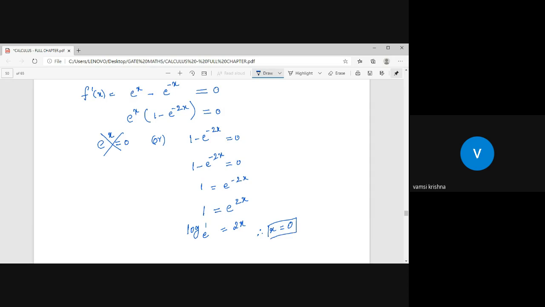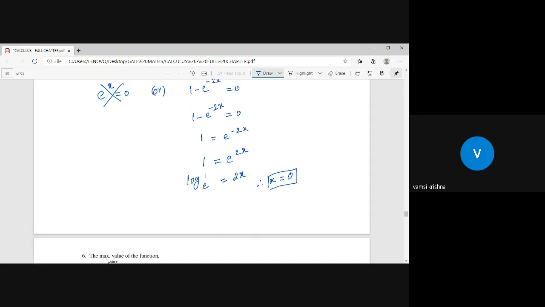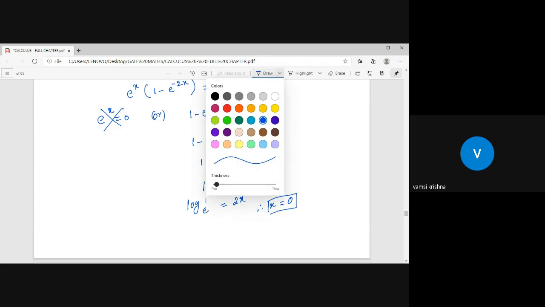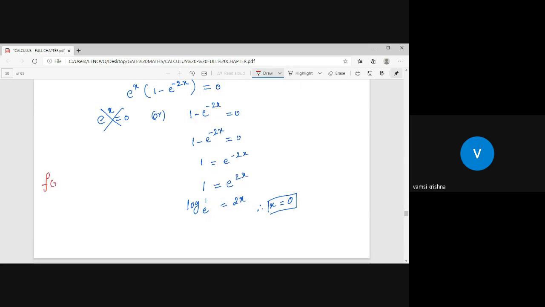If you want to find the minimum value, you can do it like this. The given function is f of x equals e power x plus e power minus x.